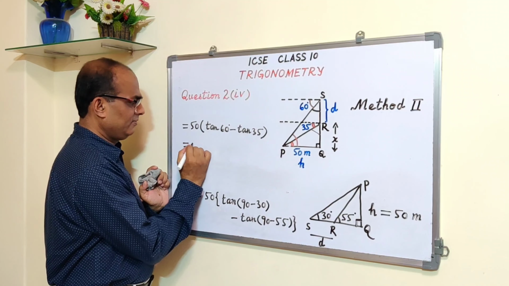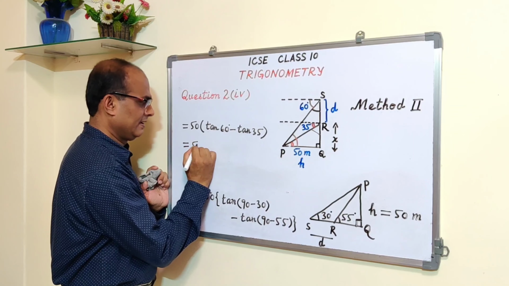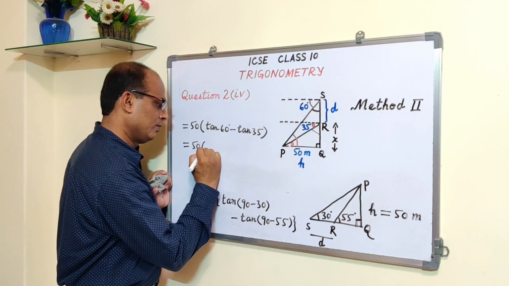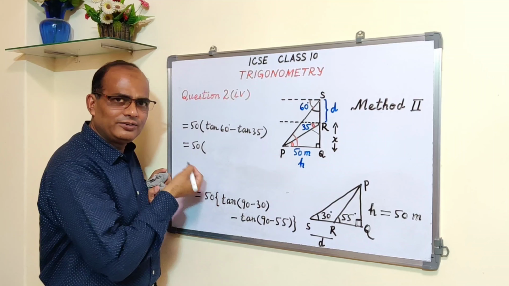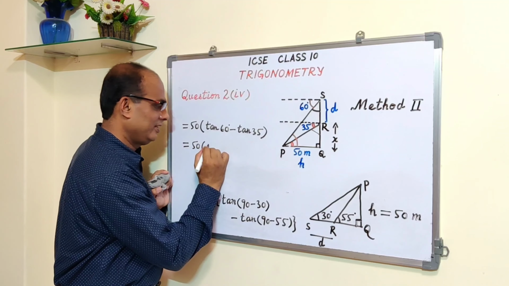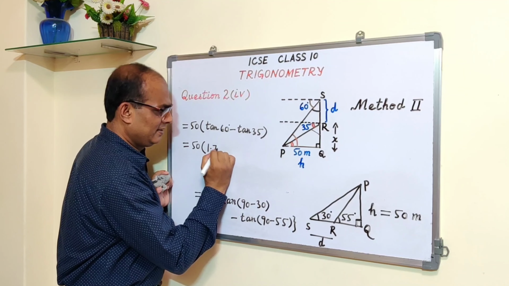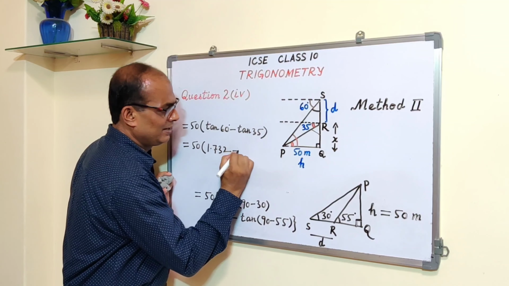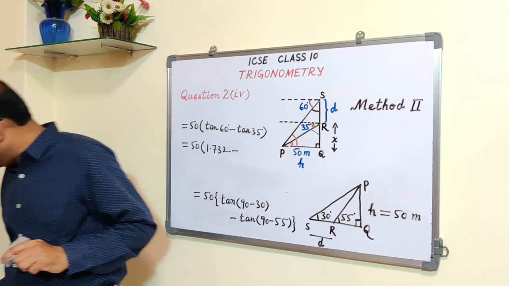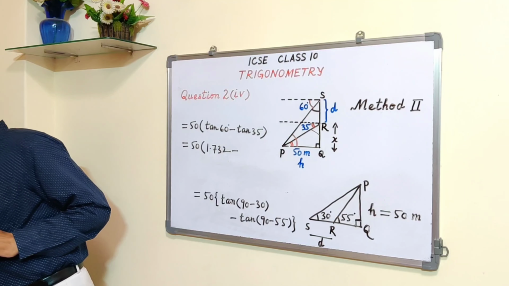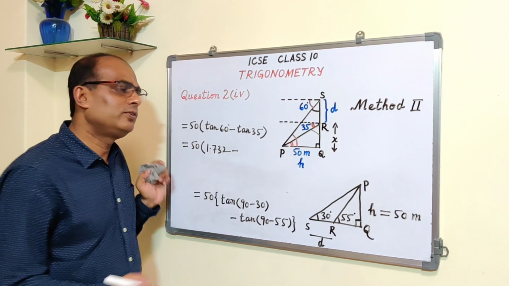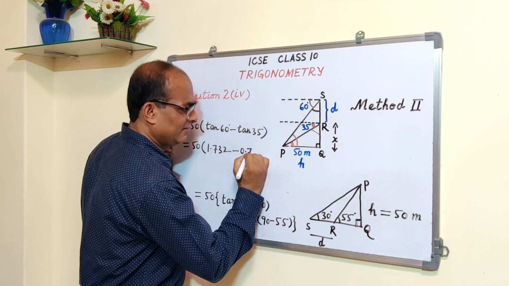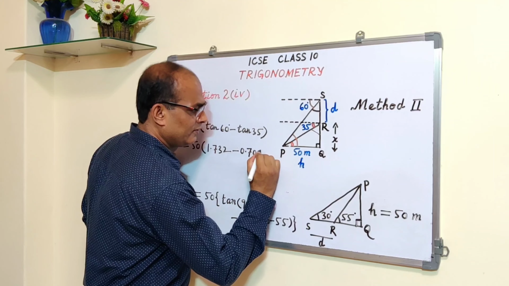And this gives you 50 as it is. Tan 60 we know, root 3, but we write it in decimal, 1.732, minus tan 35. The value of tan 35 is 0.7002.